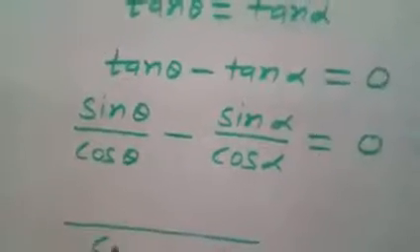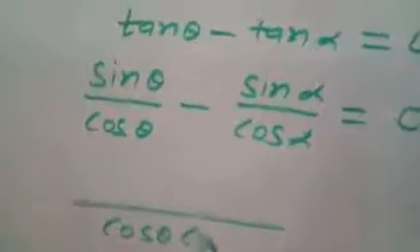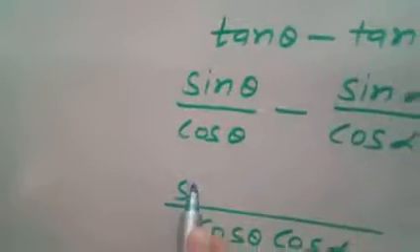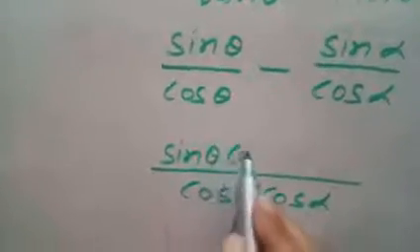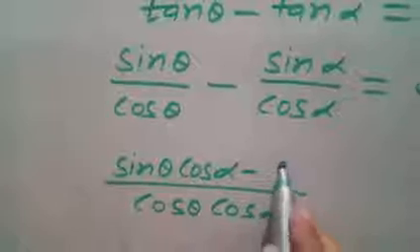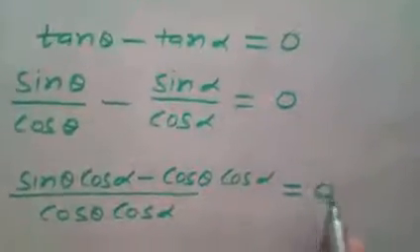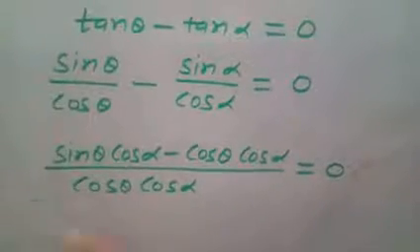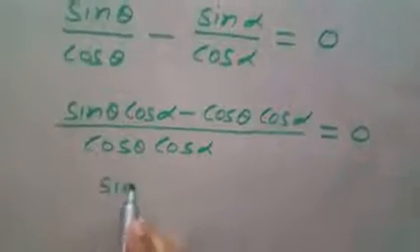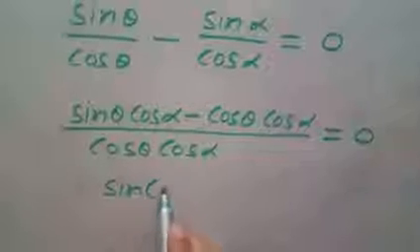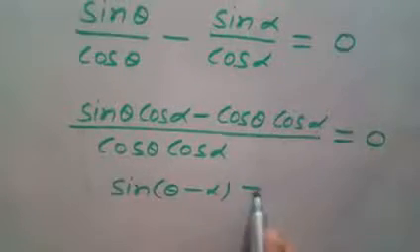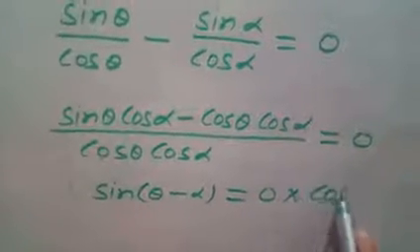If we take the LCM, we get (sin theta cos alpha minus cos theta sin alpha) upon cos theta cos alpha is equal to 0.